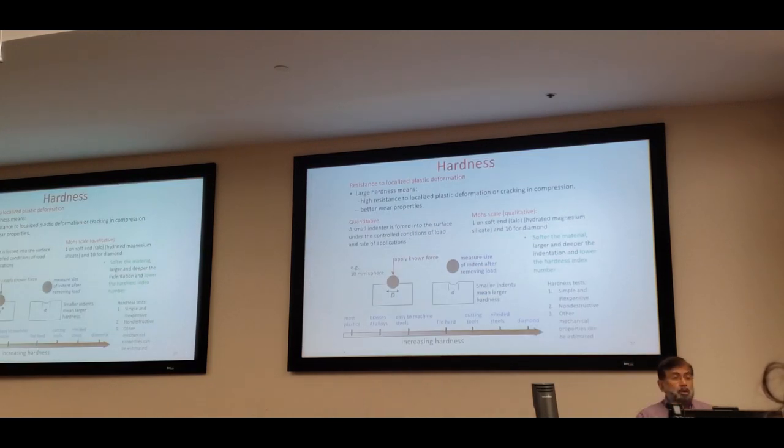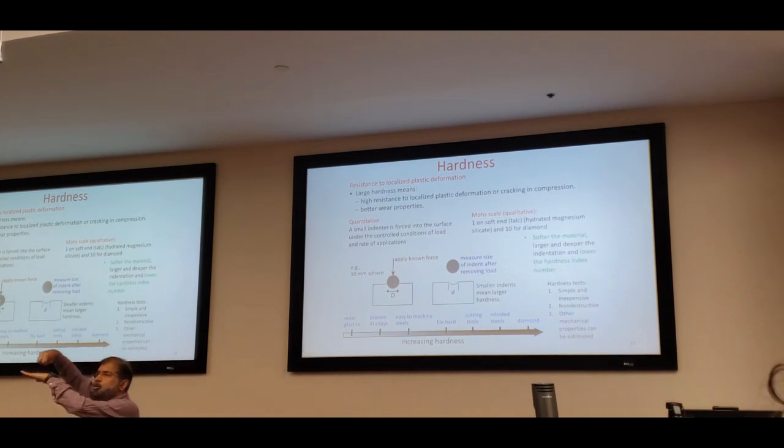Resistance to localized plastic deformation. So large hardness means high resistance, and there are two methods: one is the quantitative method, and the other is the qualitative method. Here, an indenter is used.